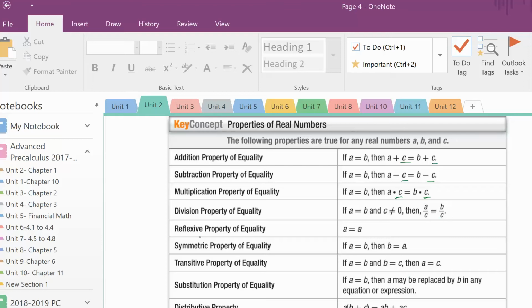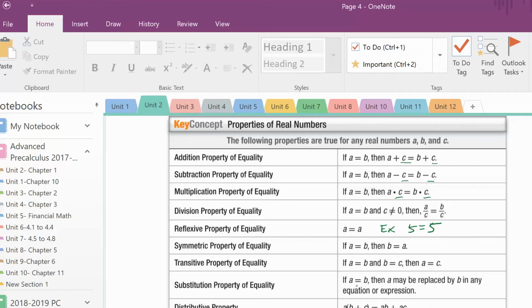There's also what's called the reflexive property, which means that something is equal to itself. For example, 5 equals 5. That's reflexive. The symmetric property says that if a equals b, then you can also reverse it and say b equals a.